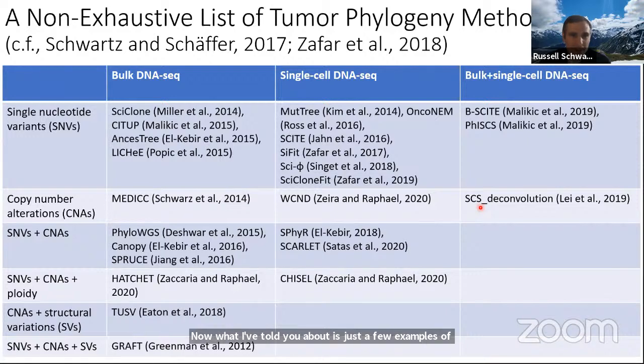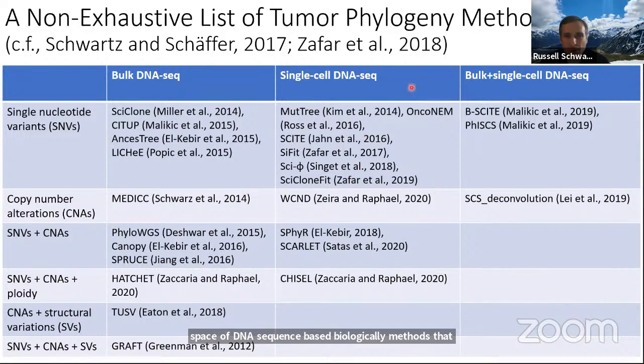Now, what I've told you about is just a few examples of phylogenies from my own lab's work, mostly because it's easier to talk about and I don't have to worry about asking for permission to use figures from my own work. But we are one small piece of a huge field of tumor phylogenetics that is active today. This, just to give you a taste of that, is a table I put together about a year ago now, listing just some of the space of DNA sequence-based phylogeny methods that are out there.